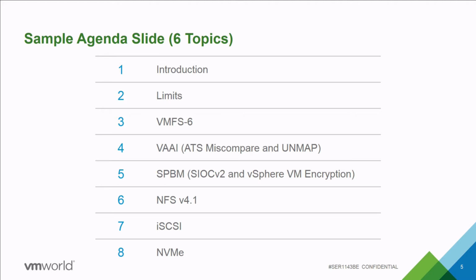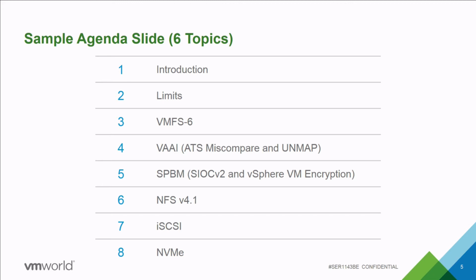In particular, there are two parts of that. The ATS, Atomic Test and Set part, that's the replacement for the SCSI reservation mechanism. And then the UNMAP, good old UNMAP. We've had quite a long and checkered history with UNMAP, so Cody will fill you in on what we've done there. I'll come back in then and I'll talk about what's essentially I/O filters.